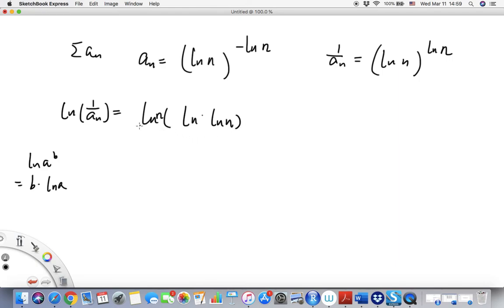Now the exponent log n is in the front. And for n big enough, log log n is going to be greater than 2, because log n goes to infinity.